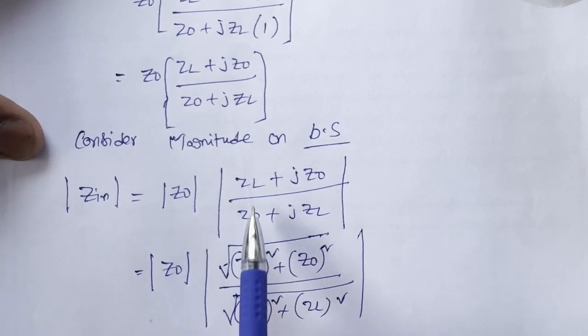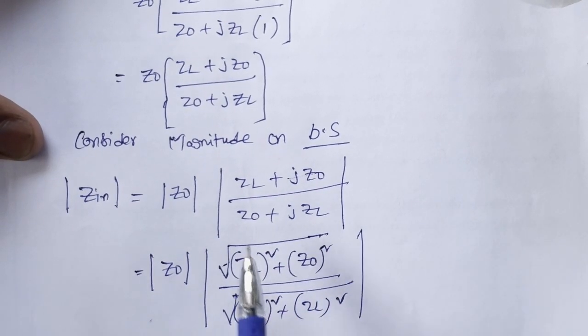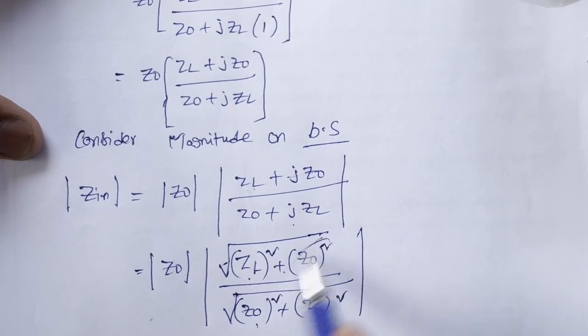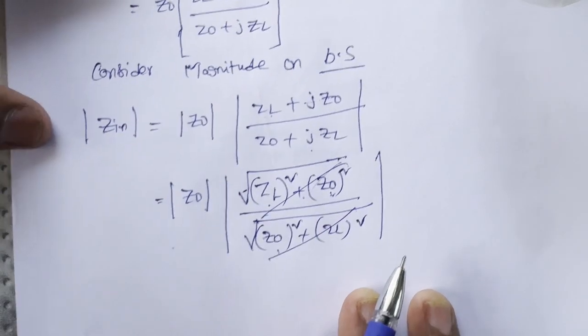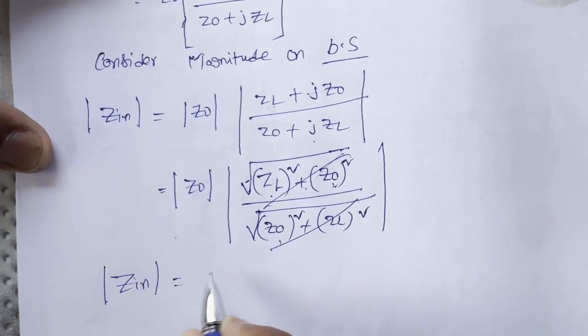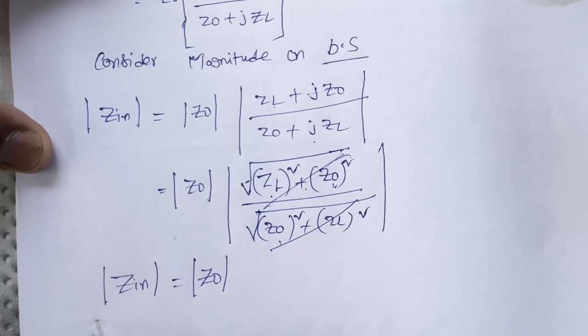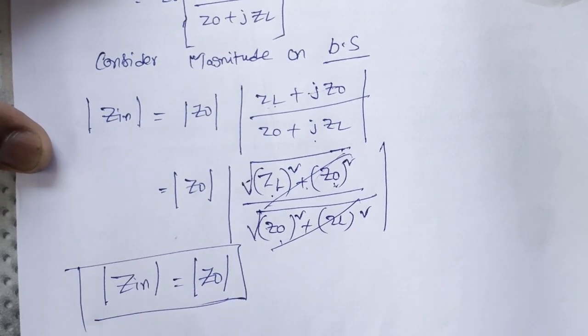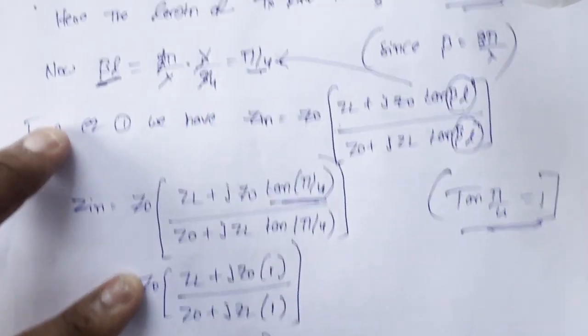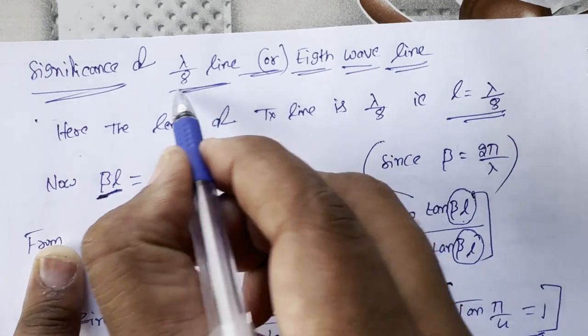Look at here. For this one we are applying magnitude. So the first term is ZL square plus Z0 square, and here Z0 square plus ZL square. These two terms will get cancelled. Then finally we are getting magnitude of Zin is equal to magnitude of Z0. This is the significance of lambda by 8 line or 8th wave line.